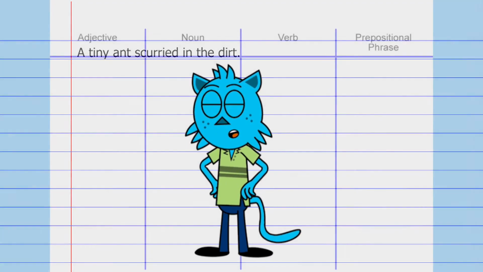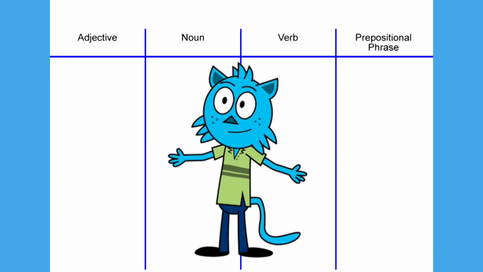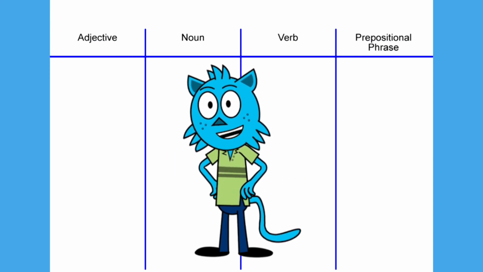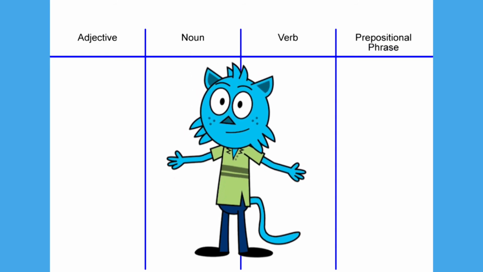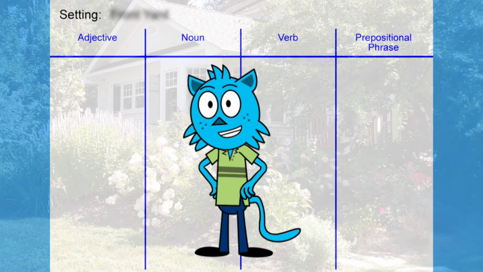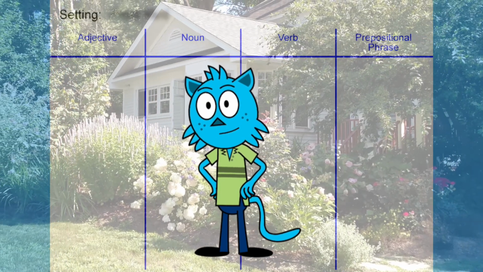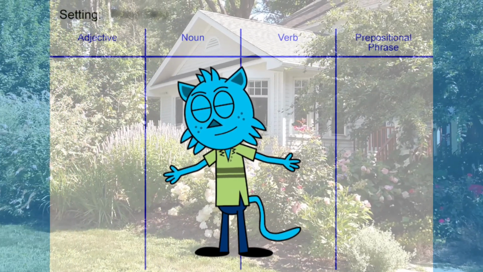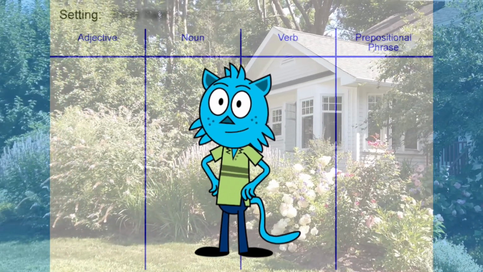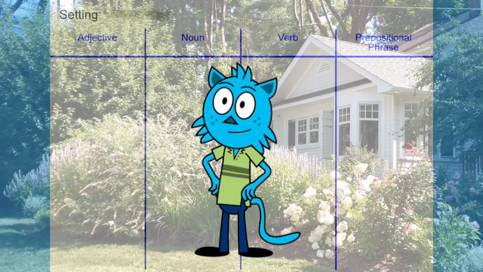Now think about your story. What is the setting at the beginning of your story? Write it at the top of your paper. Now, imagine you are looking around that setting. You can close your eyes if it helps, or search online for images of your setting and examine them carefully.